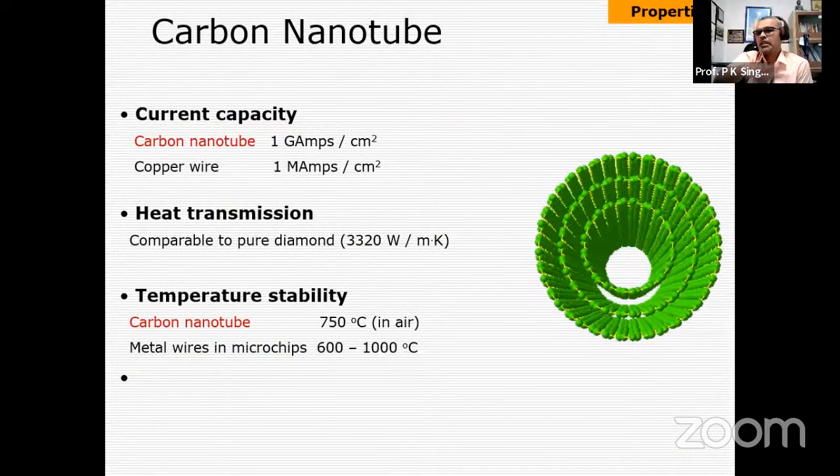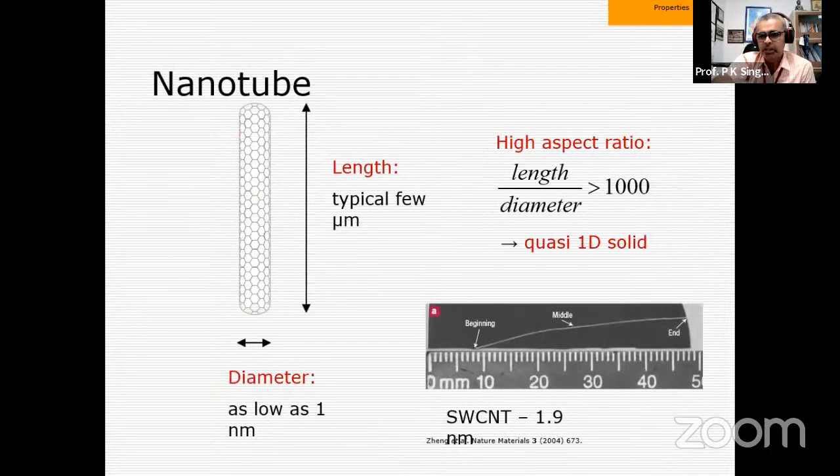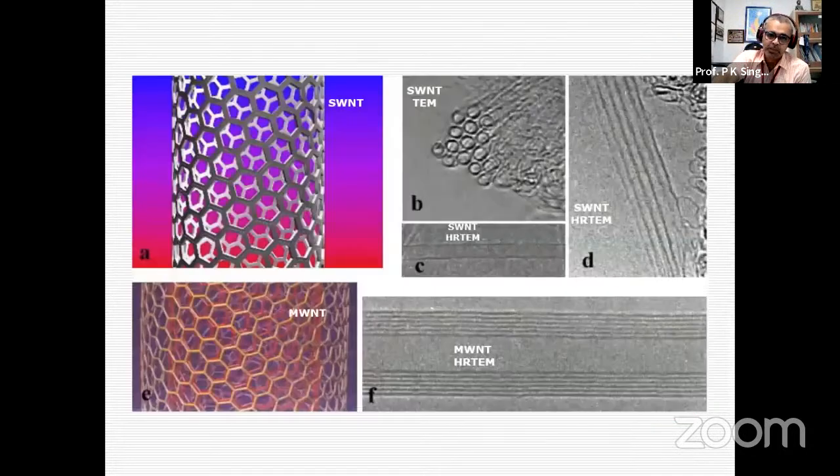These are some things related to carbon nanotubes already in the literature. I am not going to go through them because of the time limit. The high aspect ratio in the case of nanomaterials is a property that gives this material a wonderful glimpse and other things.